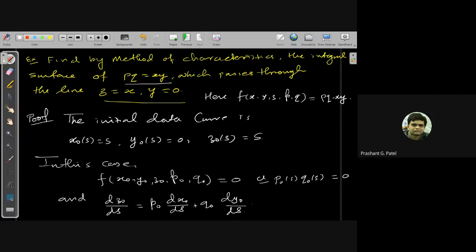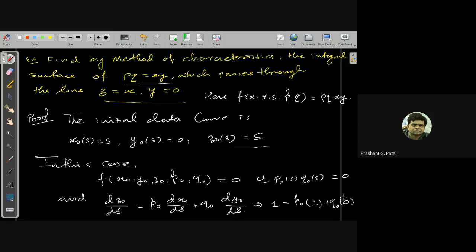And the second equation leads to dz0 by ds, the derivative of z0 with respect to s, which is 1, equal to p0 times dx0 by ds, which is also 1, plus q0 times the derivative of y0 with respect to s, which is 0.